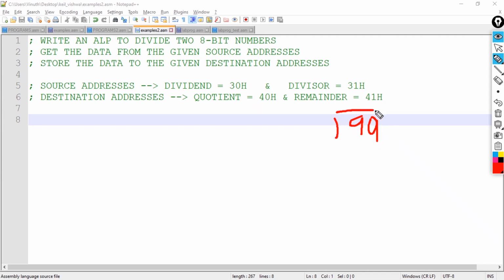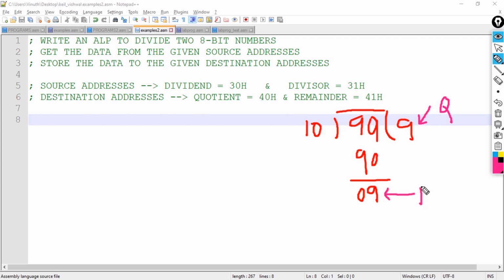If I divide 99 by 10, then 10 nines are 90, and the remainder will be 09. This particular symbol is going to be the quotient, and this is going to be the remainder.